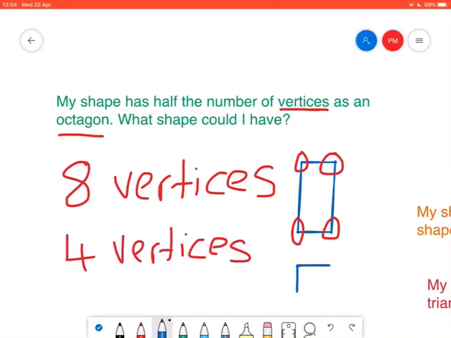It is, like, we've got a shrink ray, and we made this one smaller, which of course is the square. So we've got 1, 2, 3, and 4 vertices. So the answer to the question, my shape has half the number of vertices as an octagon. What shape could I have? It is a rectangle or a square.